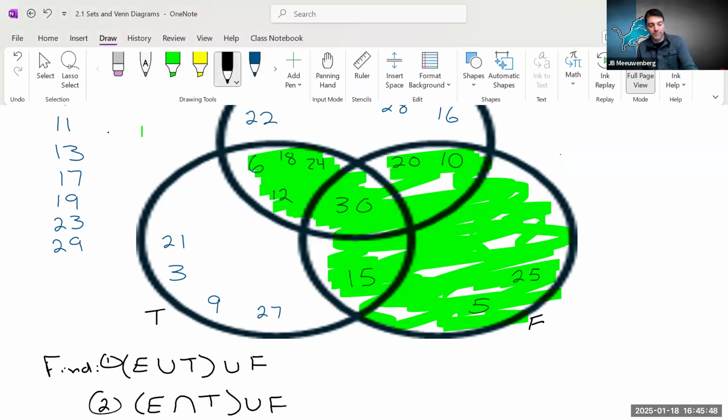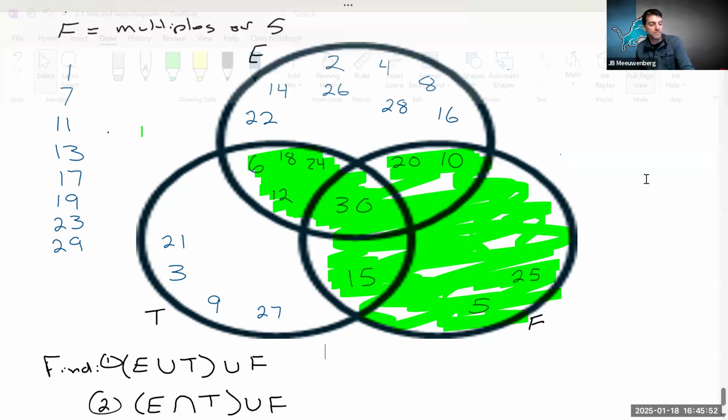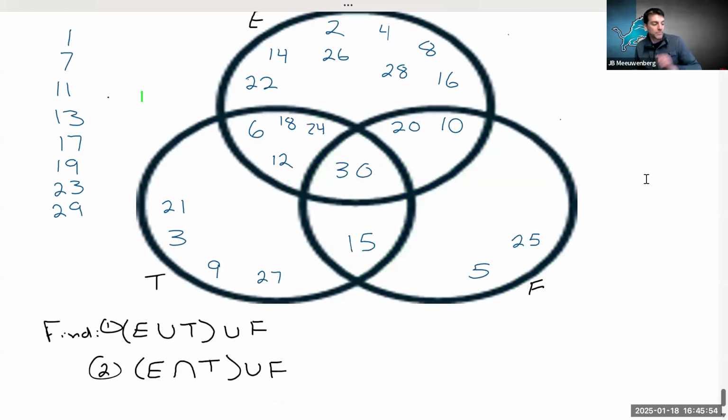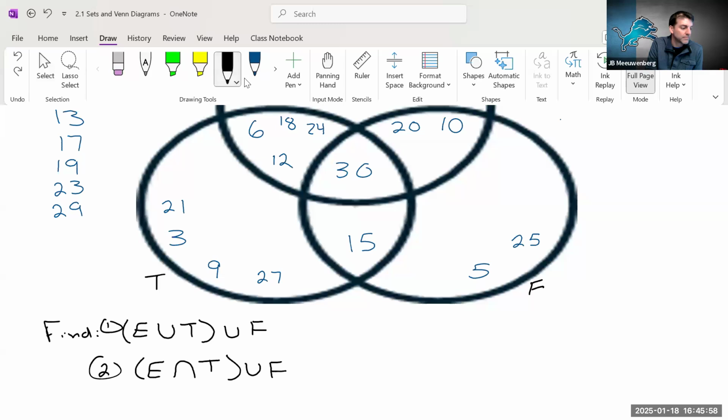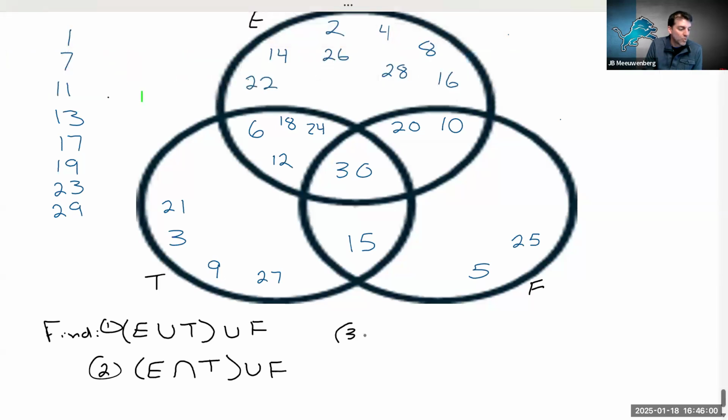So the next one we'll do is number 3. Number 3 will be E union T, in parentheses, intersect F. And then I'll put number 4 up here as well.